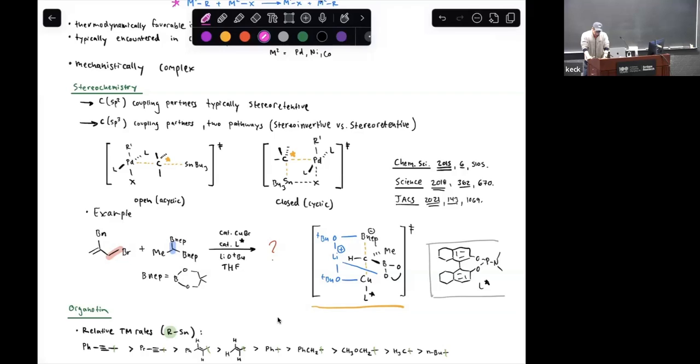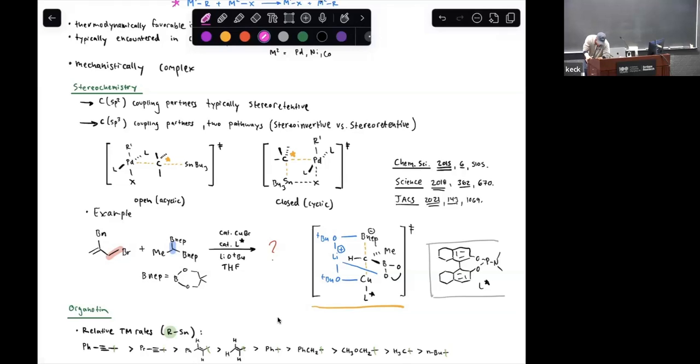But what has come to be appreciated, as the community has gained more and more access to enantioenriched CSP3 coupling partners, is that this can either be stereoretentive, as shown via the right transition state, or stereoinverted via this unusual looking open transition state that I still have a hard time totally understanding.